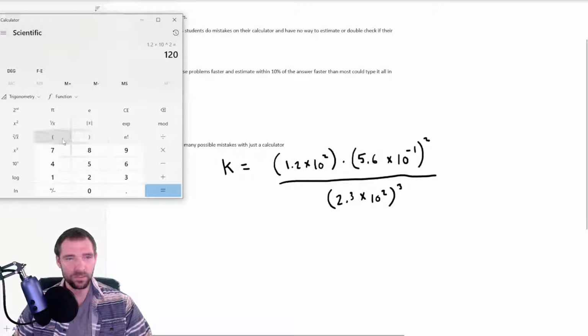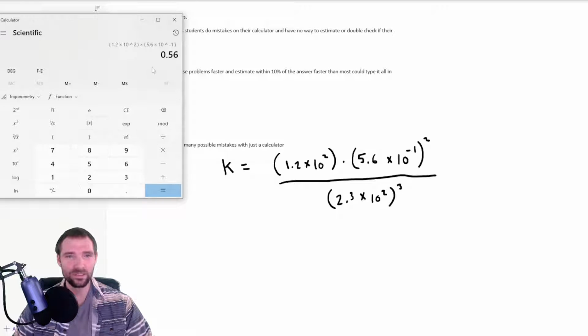What you want to do when you're entering these things into a calculator is, it's kind of annoying, because you would have parentheses and then times 10 up to the second power, end parentheses, and then times 5.6 times 10 up to the -1 power.